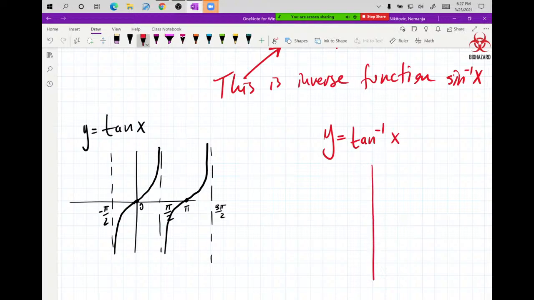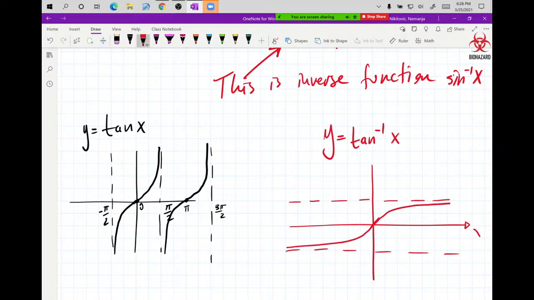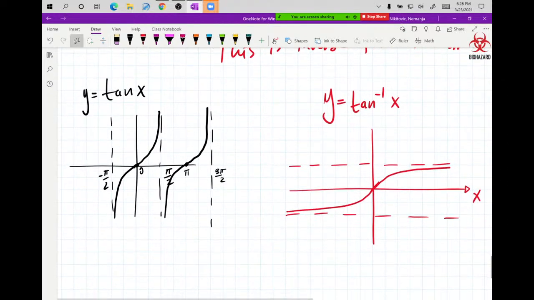Because remember, we flip, right? So now your vertical asymptotes become horizontal asymptotes, and the inverse tangent is now going to be sideways, because we learned it's going to flip. But there is more. It's infinitely many of these.